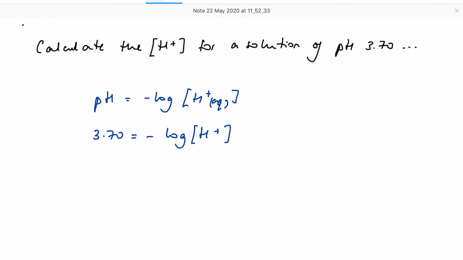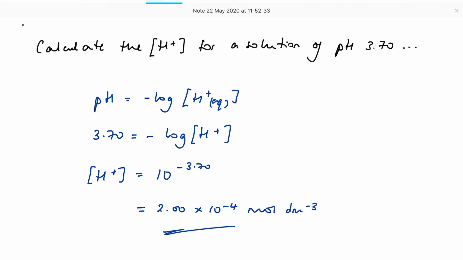And if I were to rearrange that, the hydrogen ion concentration is equal to 10 to the minus 3.70. Figure out how to get that into your calculator and be confident with it. This is really important. So it comes out at 2.00 times 10 to the minus 4 mole per decimeter cubed.